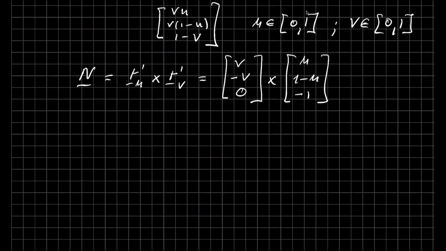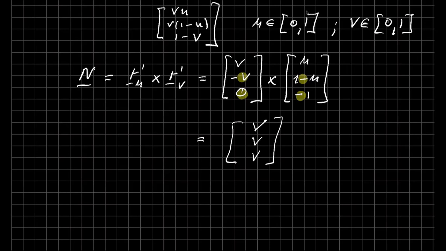When I calculate this, you should use the normal formula for the cross product. For the first coordinate, it will be this times this minus this times this, and this will be v, and also for the second and third coordinate we get v.